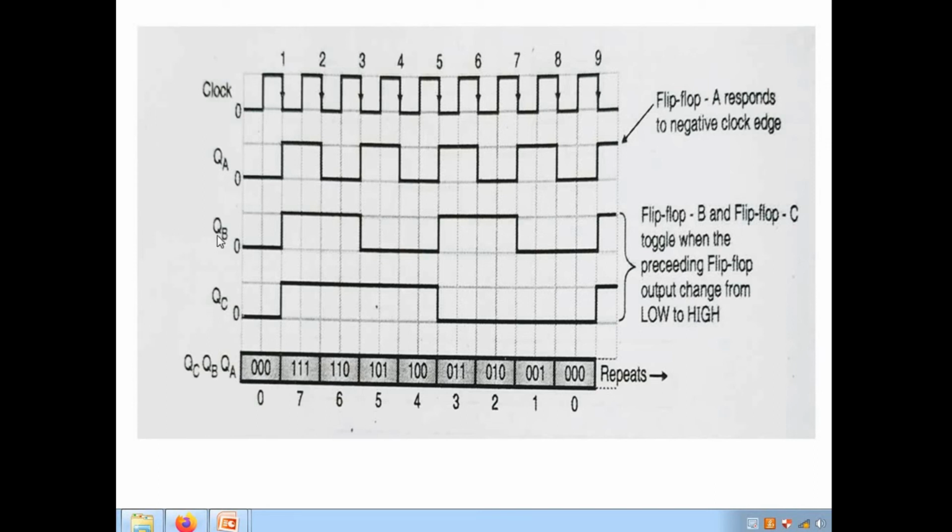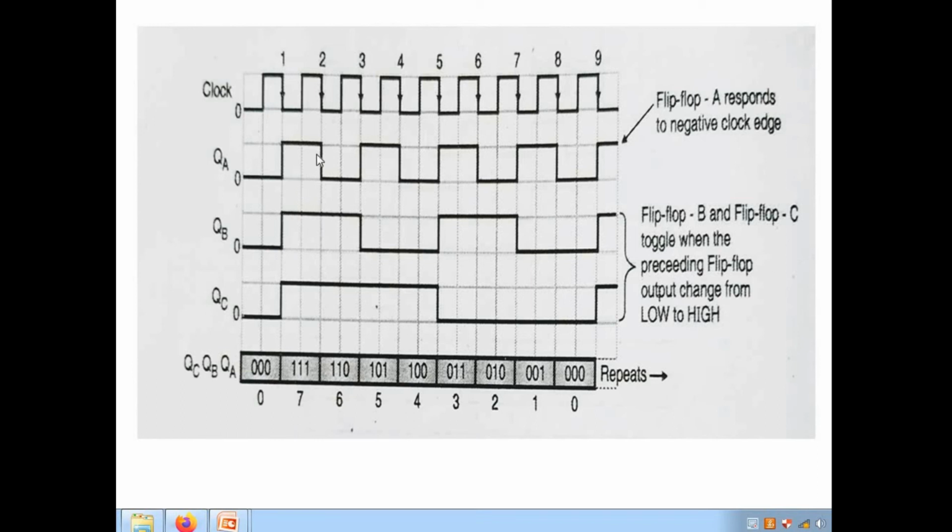Whereas flip-flop B toggles when the preceding flip-flop's output changes from low to high. So B changes its state when the preceding flip-flop changes its state. Similarly, C changes its state when the preceding flip-flop changes its state from low to high.